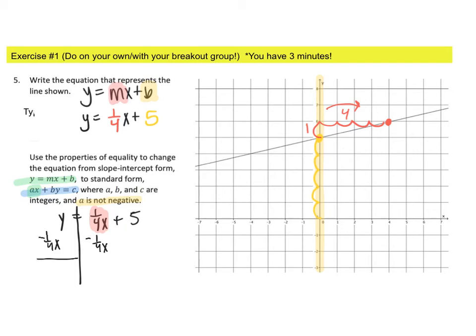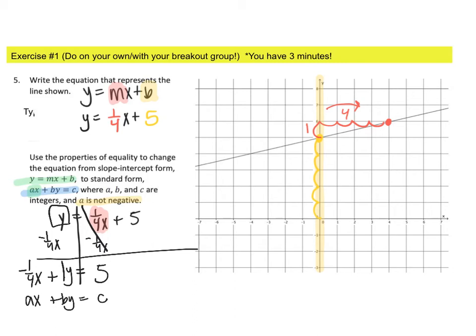And that's part of my properties of equality. On the left side, I have negative 1/4 x, and I have 1y. I'm going to write 1 in front of it. Over here it cancels, and I'm just left with a 5. And now I'm following my format, ax plus by equals c. You could see that. ax plus by equals c.